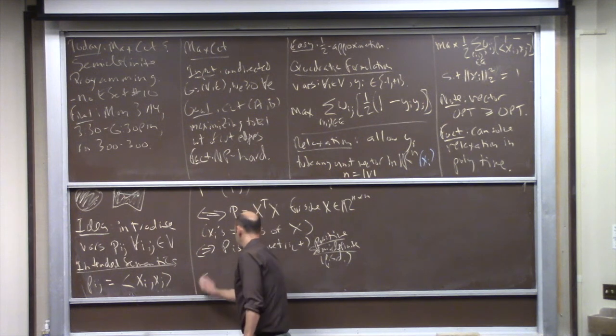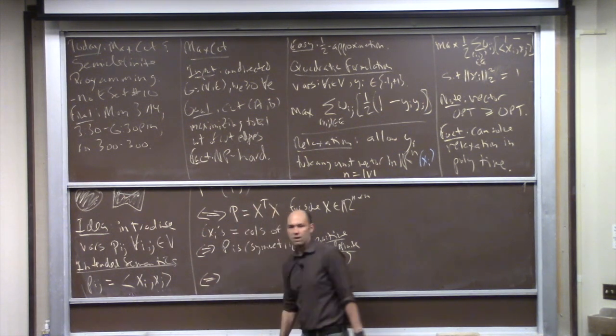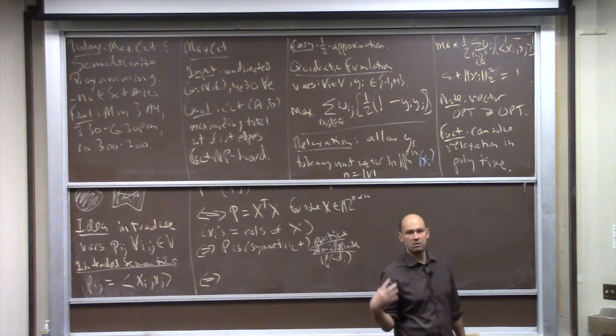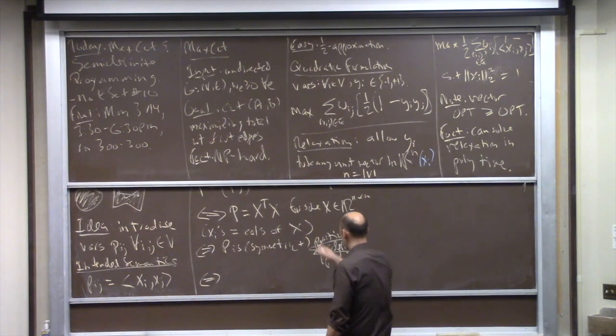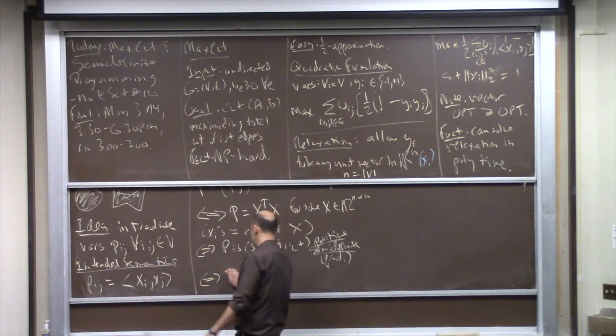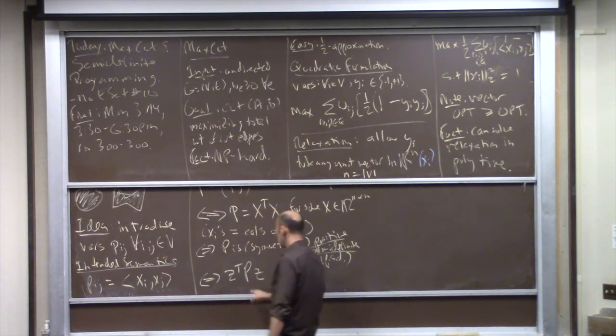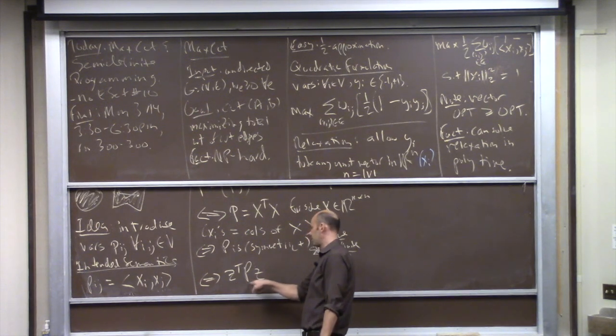I'm going to write down one of those characterizations which exposes the convexity in the clearest way. It turns out a matrix is positive semidefinite if and only if what's called the quadratic form, meaning Z transpose PZ, where Z is an n vector, is non-negative.